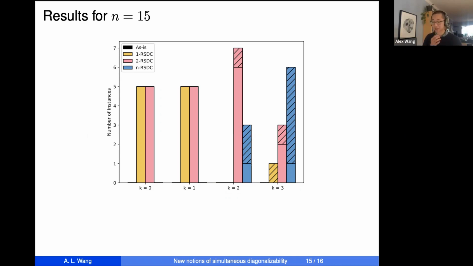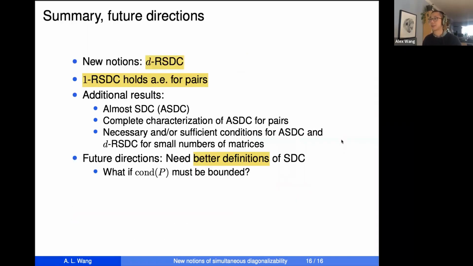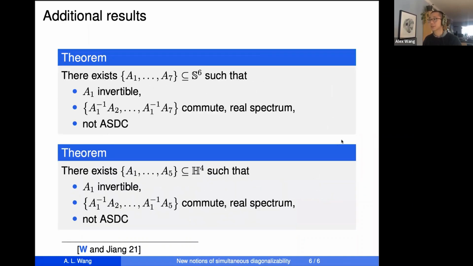I think the answer probably is no, because once you move beyond a pair of matrices, once you move to 3 matrices, you get some weird behavior. I actually have some slides for this. Suppose we're working over the reals. This is the real version of the statement. This is the complex version of the statement.